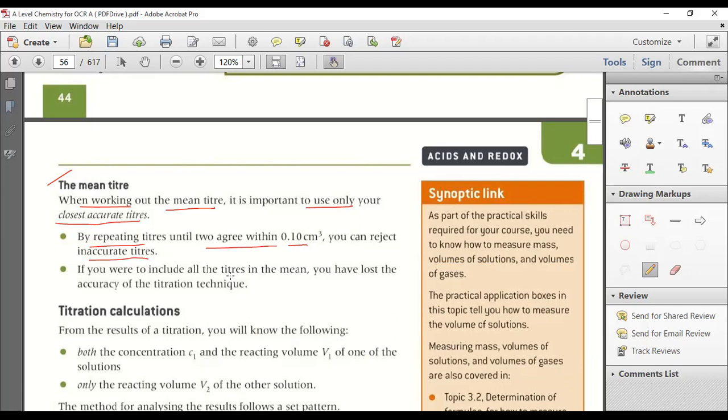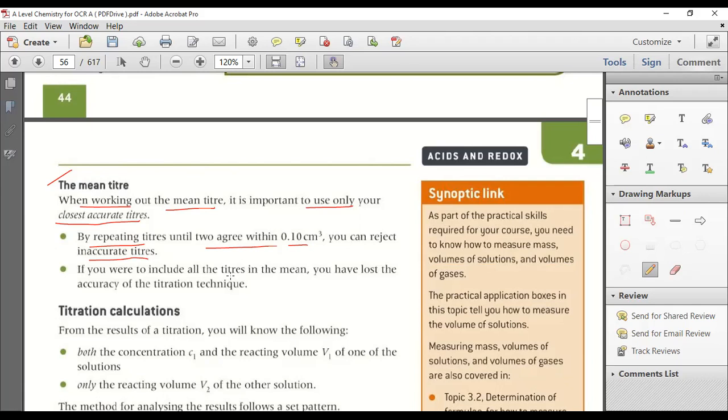If you were to include all the titrates in the mean, you have lost the accuracy of the titration technique. Suppose whenever you're doing a calculation, you get an answer of 8, and then 10.2, and then 10.5. Here 10.2 and 10.5 are around 10 only.